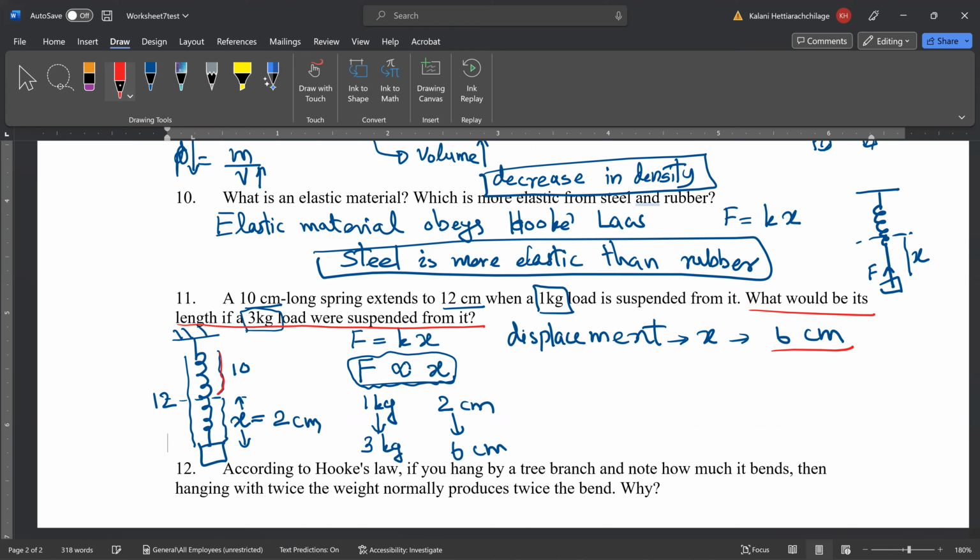Originally, it was 10. So now the new length will be 10 plus 6, right? That will be 16 centimeters. It is the answer for the question. So the question can ask what would be its length if 3 kilograms loaded, or it can ask what is the displacement after 3 kilograms added. For that, it will be 6 centimeters. New length will be 16. Okay.